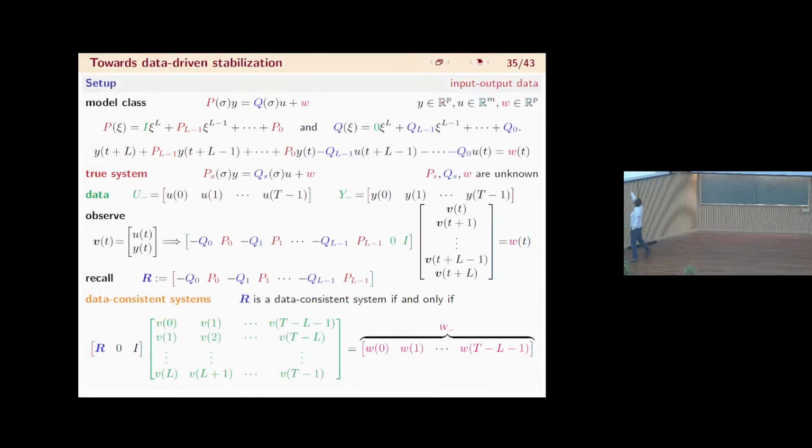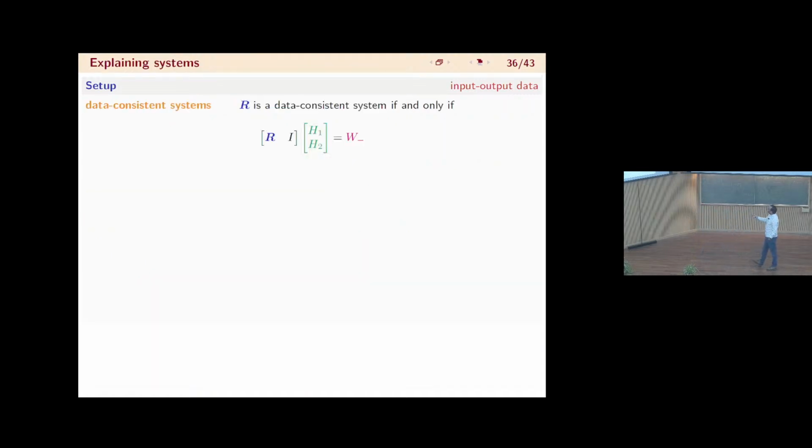Zero identity multiplies the last block here. What is this last block? V of L is U of L, Y of L. This 0 is going to get rid of U of L. So I'm going to have Y of L. So if I define this part as H1, then it is going to be R times H1 plus the Y vectors, which I write as H2. That needs to be equal to W minus.